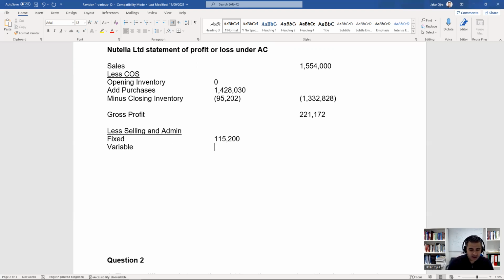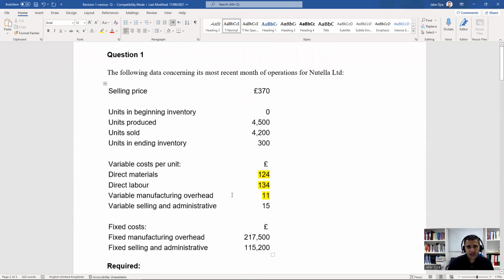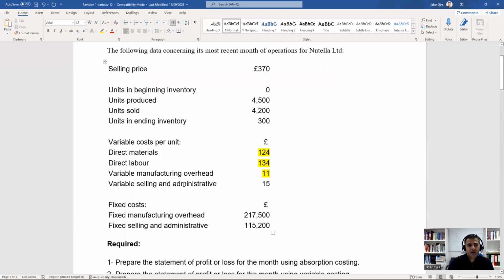So how to calculate variable selling and admin? If you look here, variable selling and admin is £15 per unit sold. You need to multiply it by what? You multiply it by the units sold. The units sold, not produced, sold.